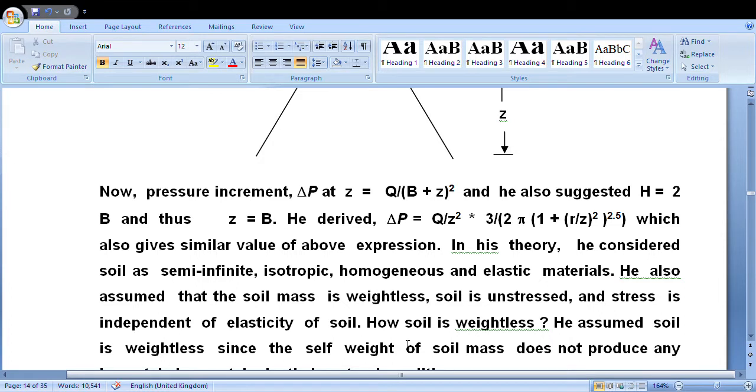My question is how can soil be weightless? Is it possible? Everything in this universe has some amount of weight. There is nothing weightless. So soil weight is there, and we duly consider it everywhere.